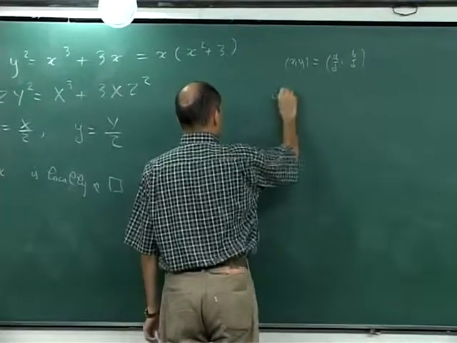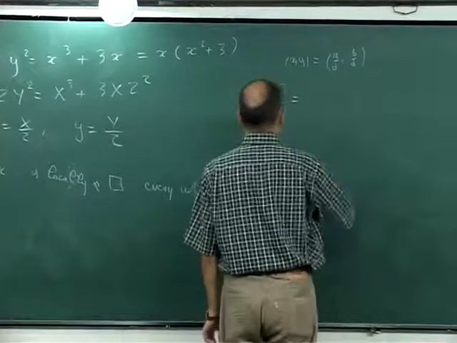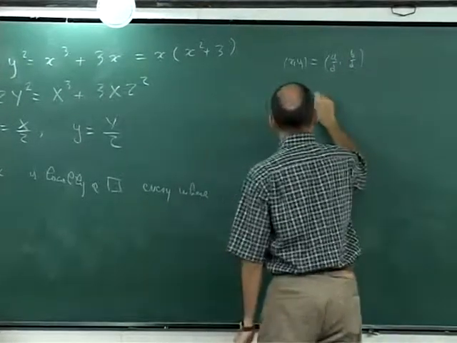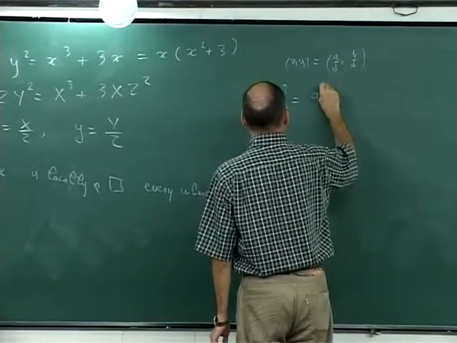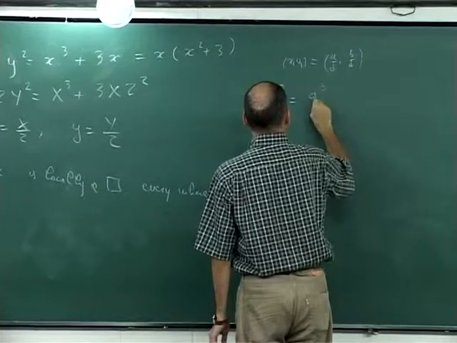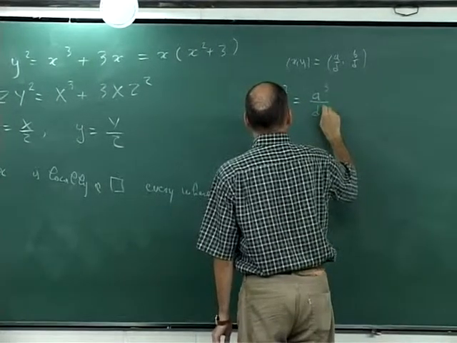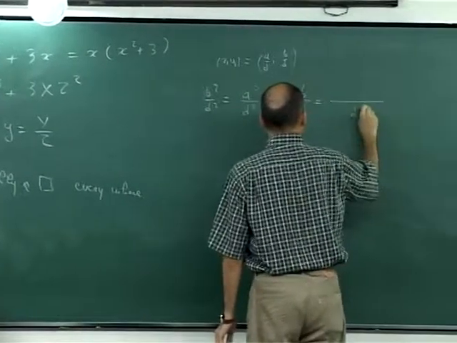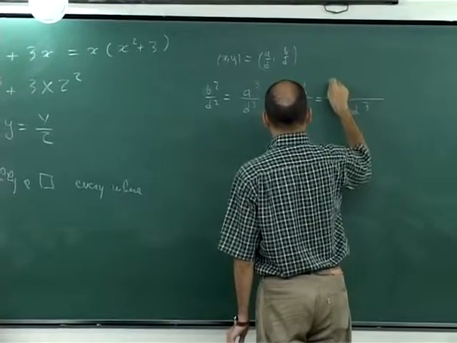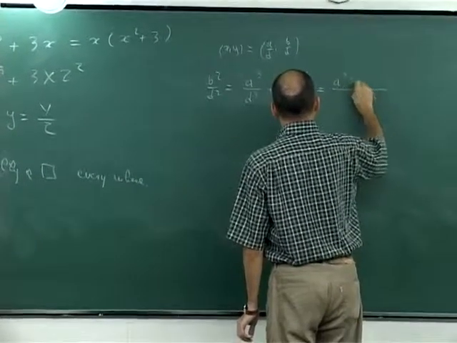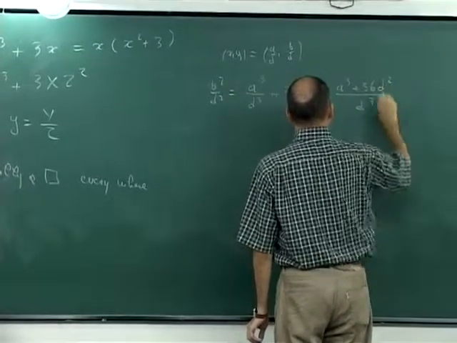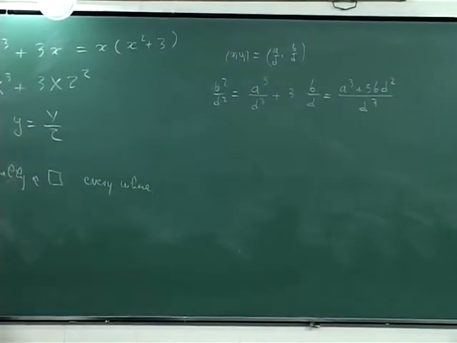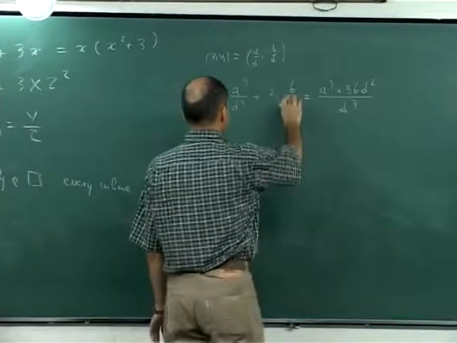We have b square over d square equals a over d times a square over d square plus 3, which is a times a square plus 3d square over d cubed. So you see it's something over d cubed.